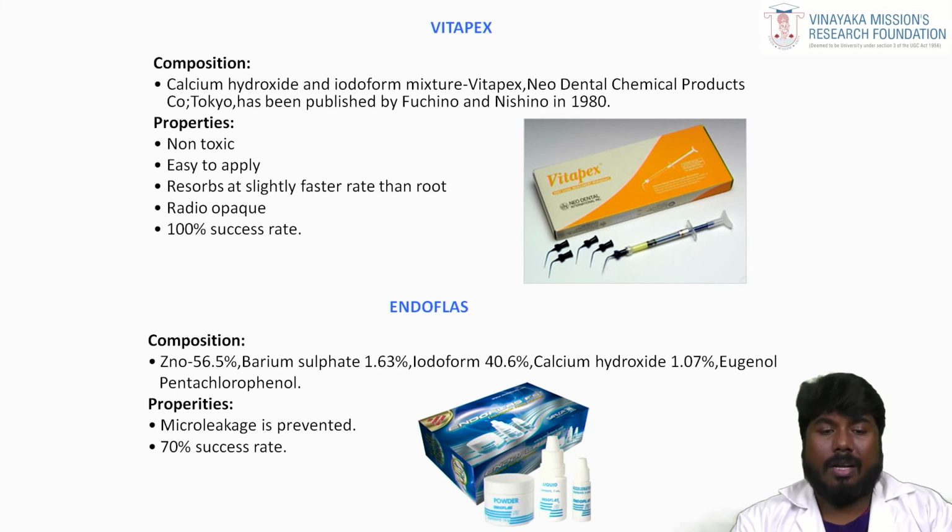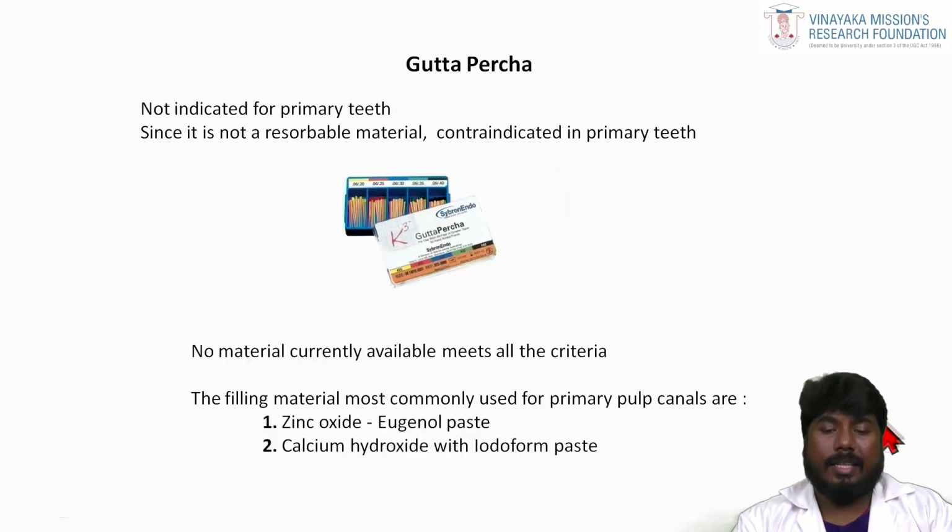The properties are non-toxic, easily applied, resorbs slightly faster than the rate of the root, radiopaque, 100% success rate with this material. Then Endoflas. It is a composition of zinc oxide eugenol, zinc oxide, barium sulfate, iodoform, calcium hydroxide and eugenol and pentachlorophenol. The properties: microleakage is prevented and 70% success rate.